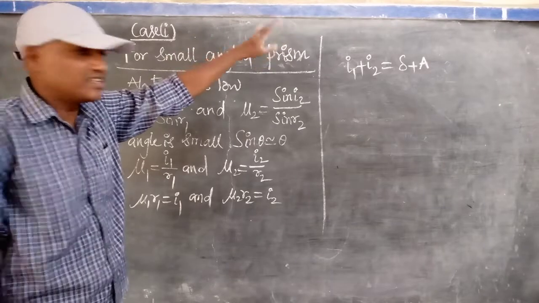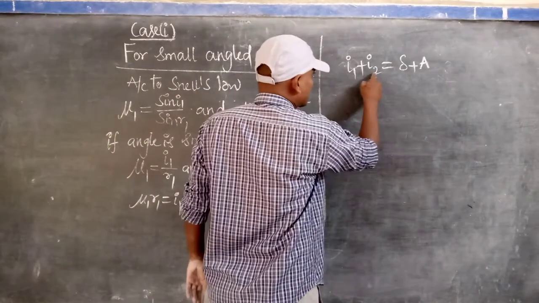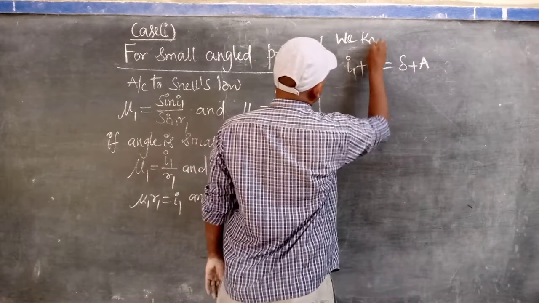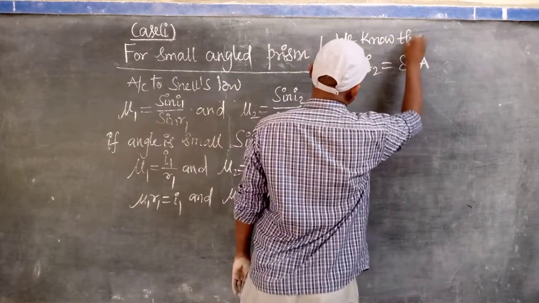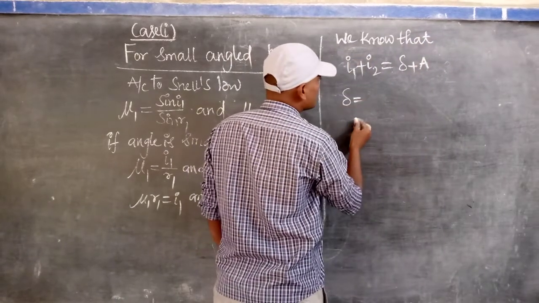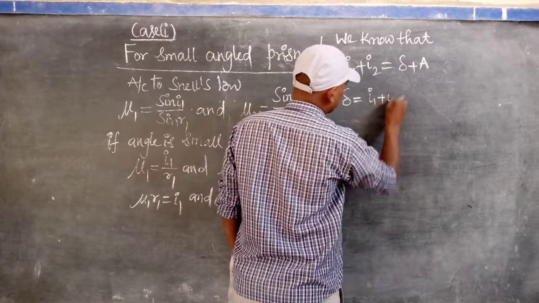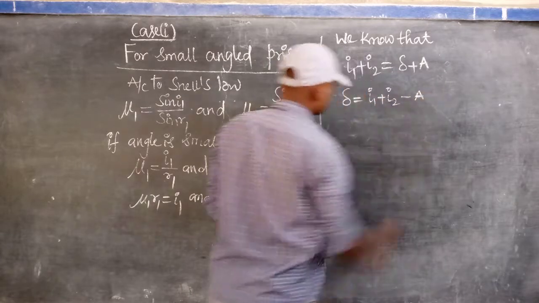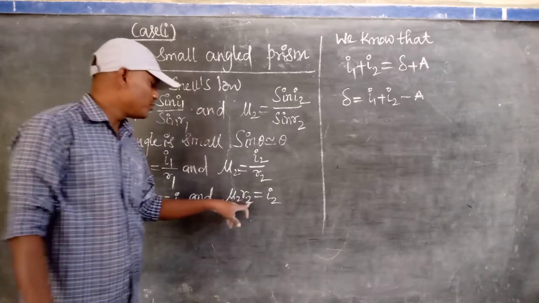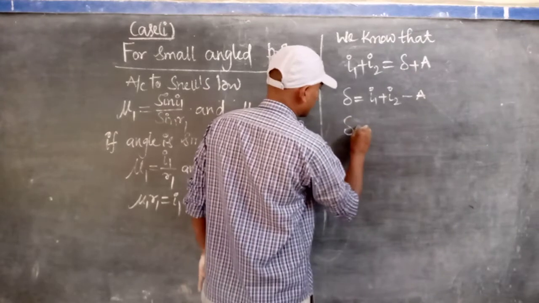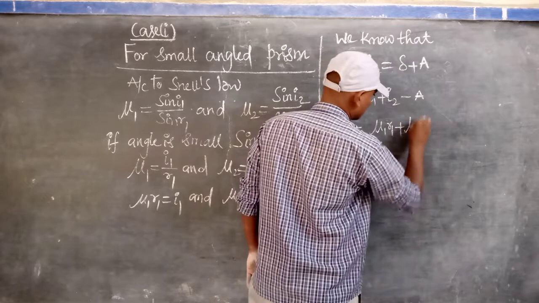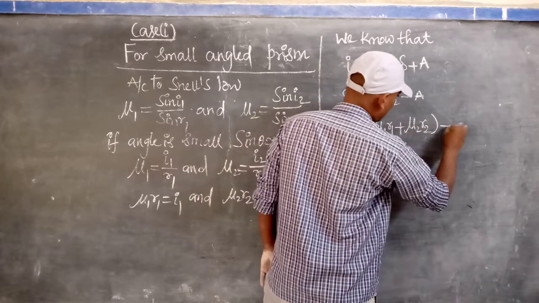Transferring A to this side, small delta equals I1 plus I2 minus A. The I1 value is mu1 R1, and the I2 value is mu2 R2. So small delta is equal to mu1 R1 plus mu2 R2 minus A.